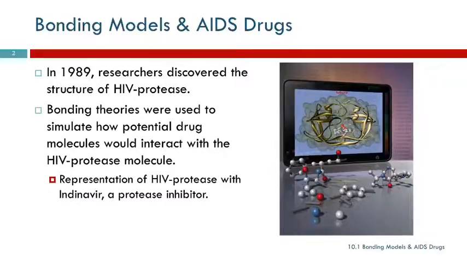And in 1989, researchers discovered the structure of a protein called HIV protease. And here we have a model of a drug that was developed to inhibit that enzyme, the protease. So how do they develop things like this?